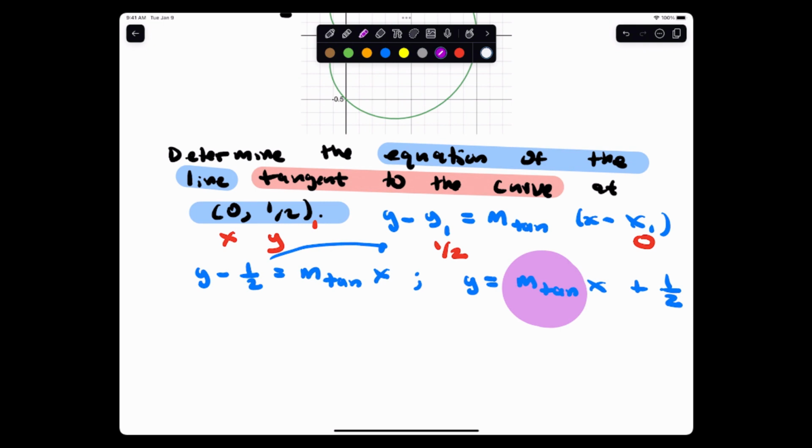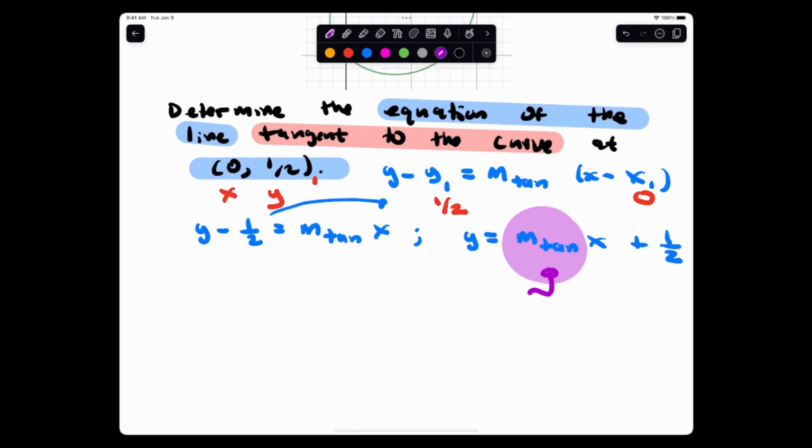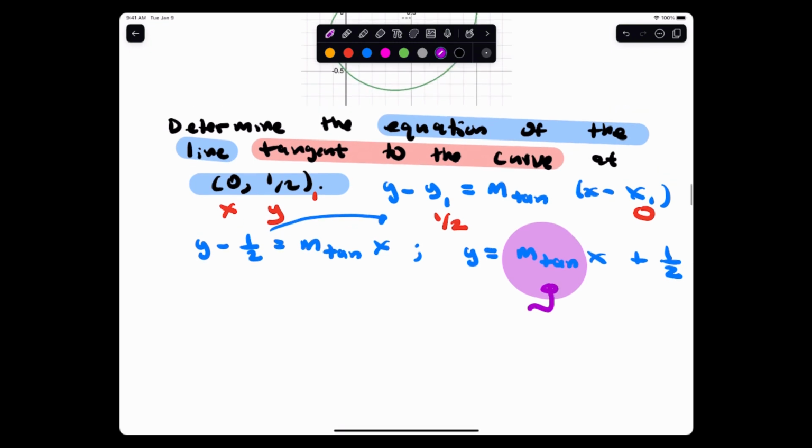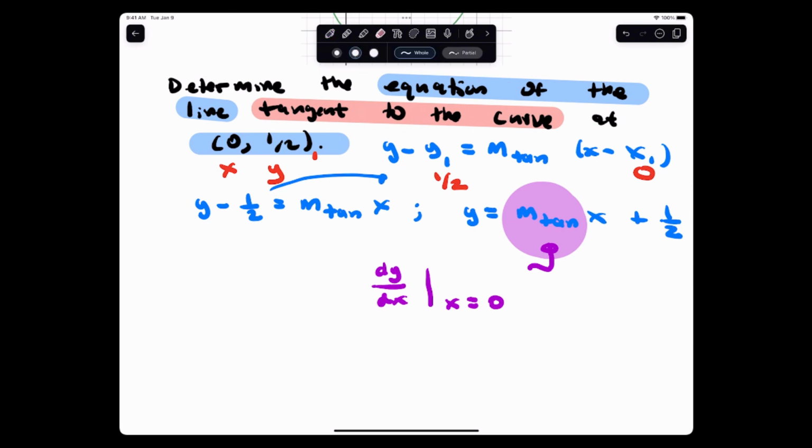How do we get the slope of the tangent line? Okay, do you remember this? This is all the details we went over. So the slope of the tangent line is going to be, well, what's that definition? dy/dx evaluated when x equals what? 0. In fact, because we have a relation, it's evaluated when x is 0 and y is what? 1/2.